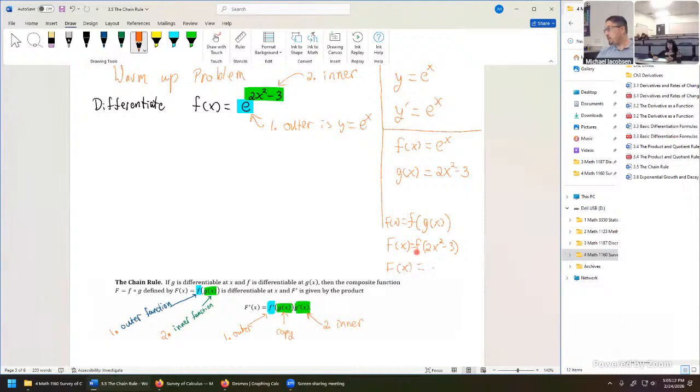F was supposed to be e to a power. I'm going to write it like this with a placeholder. You could drop the placeholder if you like. But the thing that's going inside this e to a power function is that 2x squared minus 3. So it goes down, really up, because it's an exponent. It goes up inside that position there. So that's another way to think about it in terms of what is outer, what is inner.